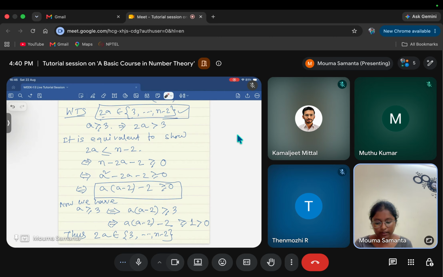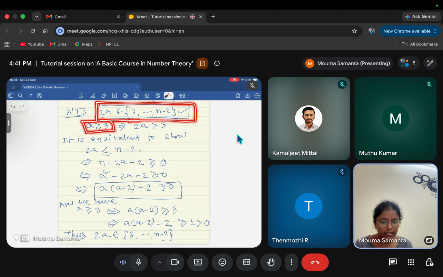Now there is some trick I have applied in this proof to show 2a belongs to this set. What is that trick? We have considered equivalent conditions of saying 2a lies in the set 3 up to n minus 2. Since a is greater than or equal to 3 in this subcase, 2a is also greater than or equal to 3.